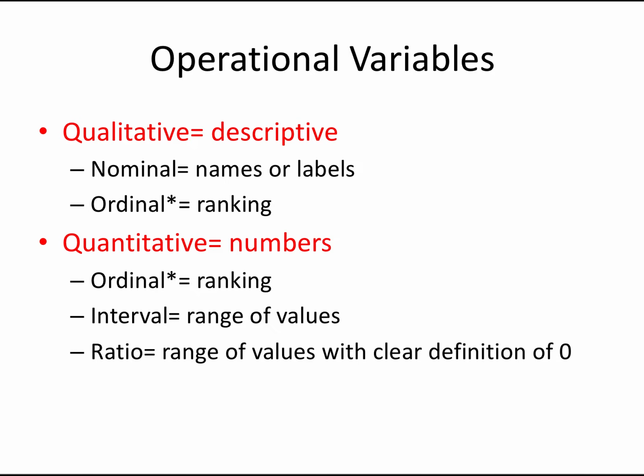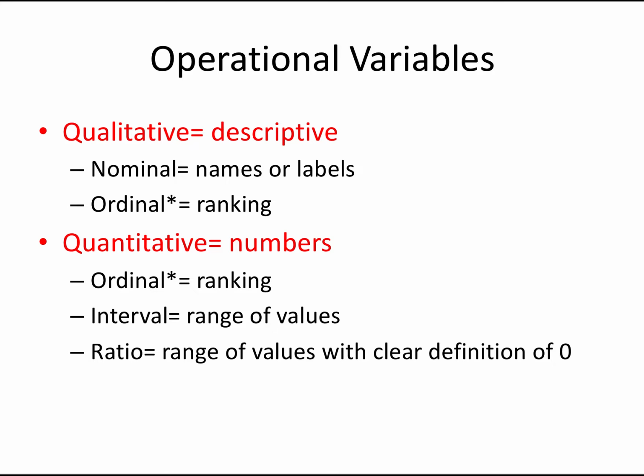All right, operational variables. So these are important to define and know what they mean. And again, lucky for us, it's really not too complicated once we boil all of this down. So qualitative means descriptive. These are qualities. If we talk about nominal qualitative variables, nominal means they're based on names or labels.